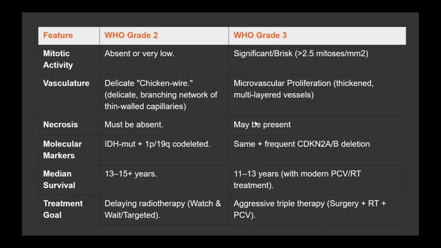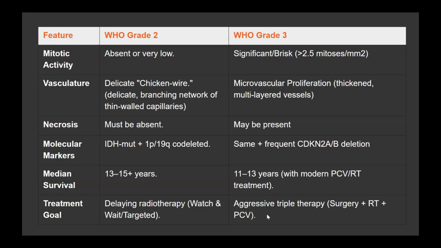This is how we differentiate grade 2 and grade 3. Mitotic activity is very low in grade 2. It is brisk in grade 3, and there is proper microvascular proliferation. This is the thing that is most important in this whole slide if you want to take away only one thing. If there is CDKN2A or B homozygous deletion, the tumor is automatically upgraded to WHO grade 3.